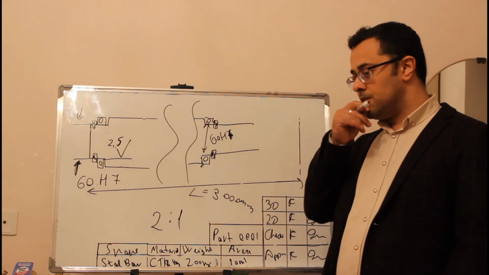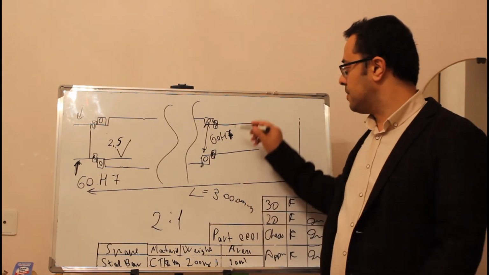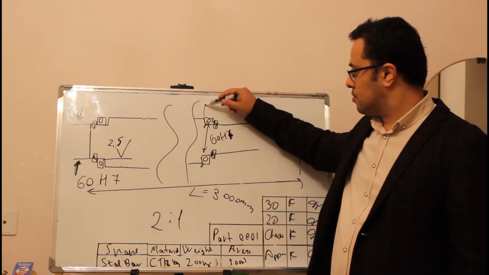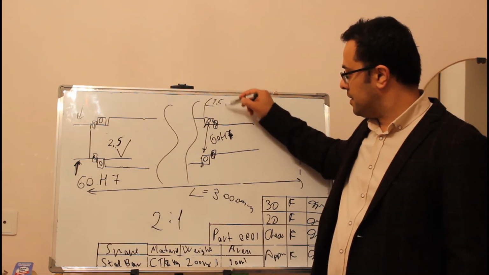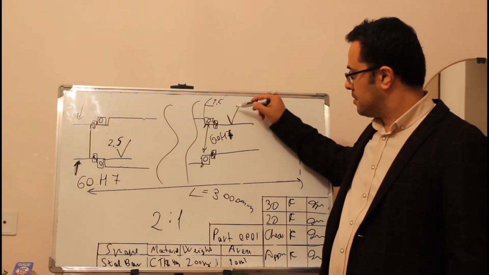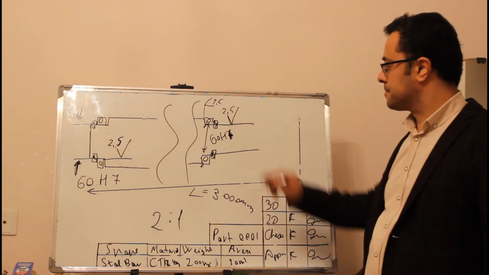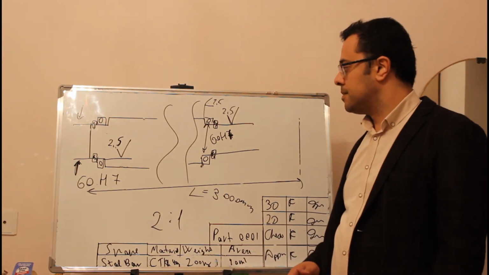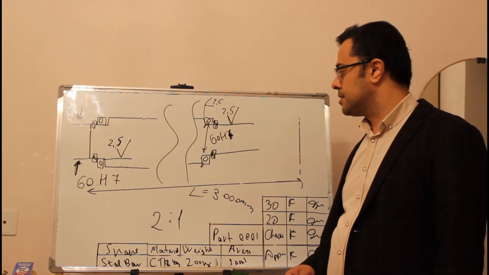You need this for the bearings to sit well, so you put 2.5 here, 2.5 here. You need it because of the bearings.